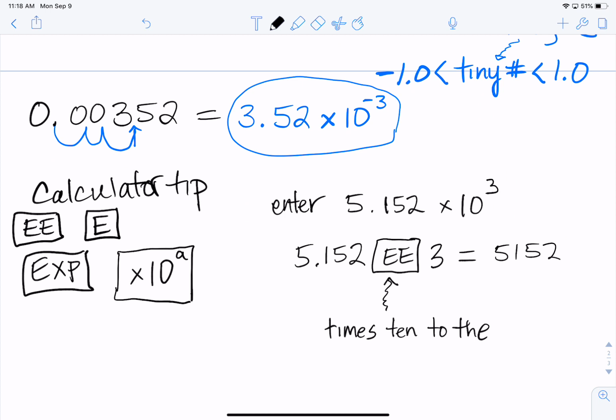Anyone else? If you're an Android user, I'll do my best. This will not be the first time. If you realize you do not know how to use your calculator for scientific notation, I will help you out.